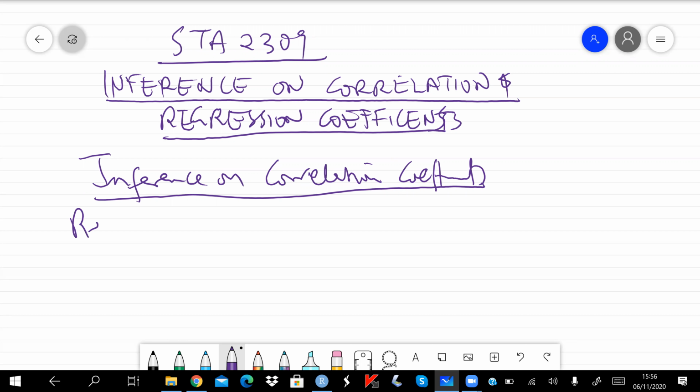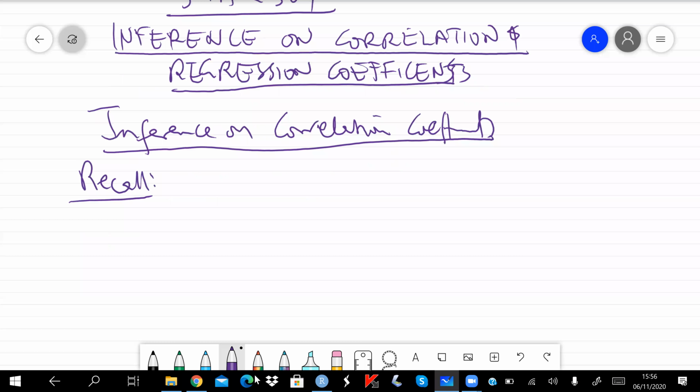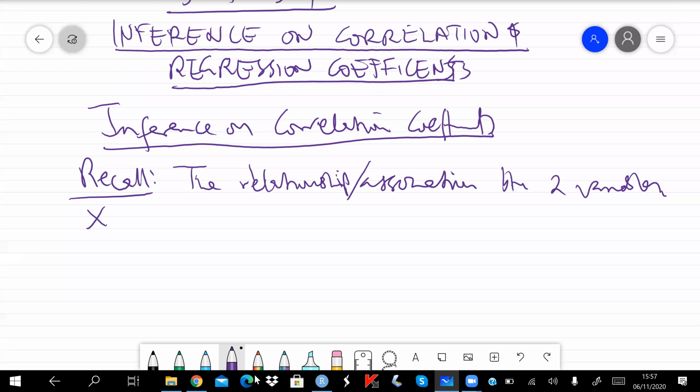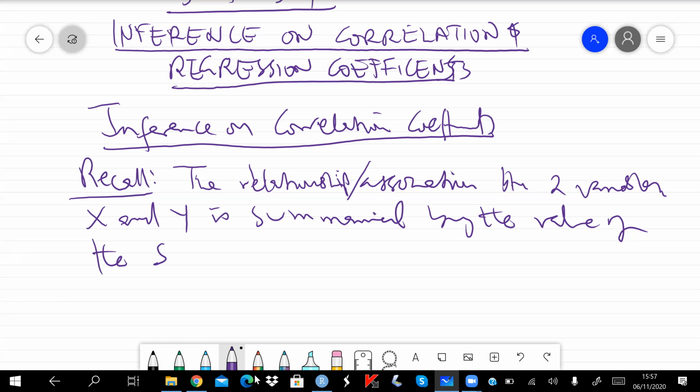Let's start by recalling a few things. Let's recall that the relationship, sometimes called association, between two variables, two random variables, for convenience let's call them x and y, is summarized by the value of the sample correlation.